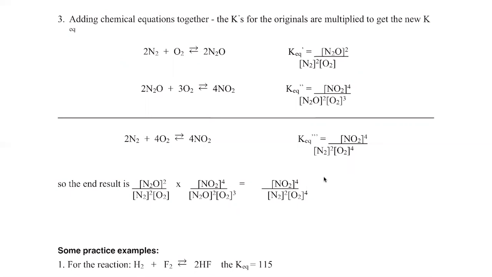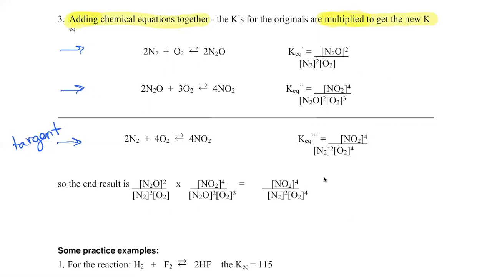So our example here is two reactions that add up together to give us this one, which is our target reaction. When adding equations together, we're going to multiply the K values. Anytime we add equations, we multiply the K values.